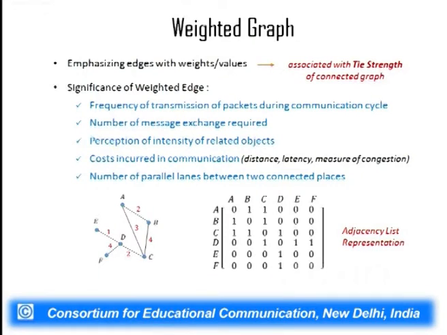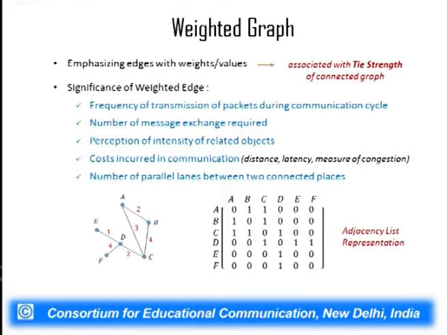In the adjacency list representation, we have all the nodes on the column part and the row part, and if any two nodes are connected, it's marked by 1. Okay, we know this very well. And if it's not connected, it will become 0.